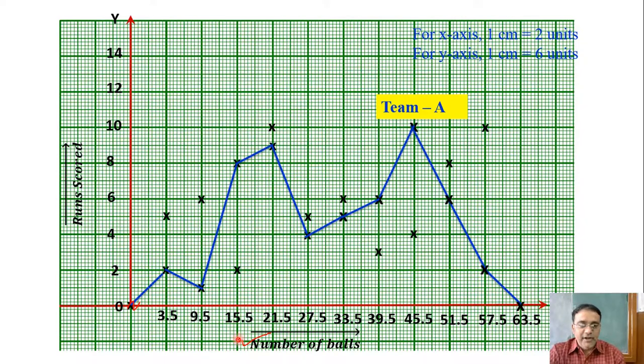Now we have to join all these points for team B. So let us start from 0 to 5, second, third, fourth, fifth, sixth, seventh, eighth, ninth, 10th, and the last.